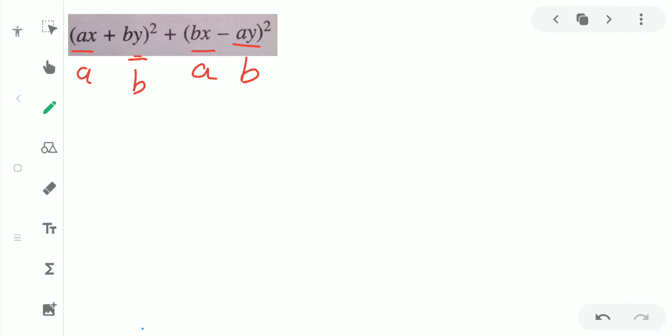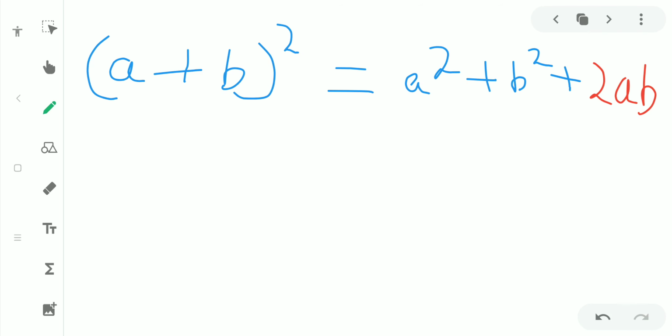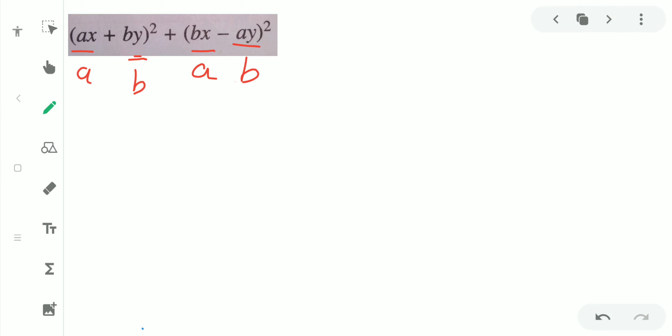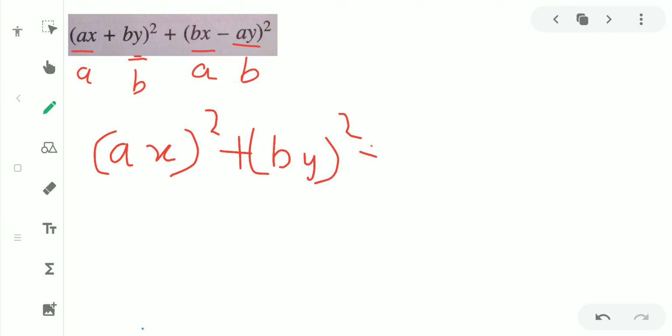So now the formula is (a plus b) whole square is equal to a square plus b square plus 2ab. So (a plus b) whole square: a square is nothing but (ax) whole square, b square is nothing but (by) square, plus 2 into ax into by.